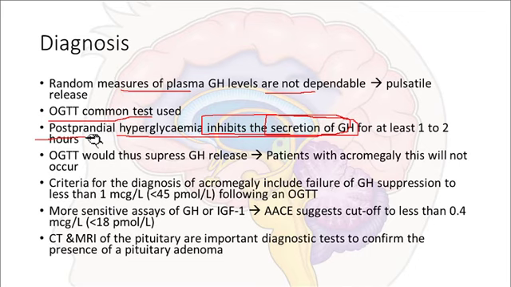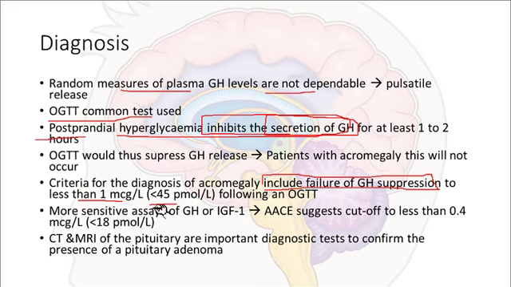However, in patients with giantism or acromegaly, growth hormone will not be adequately suppressed. In other words, your growth hormone levels will be higher than 1 microgram per liter or more than 45 picomoles per liter.